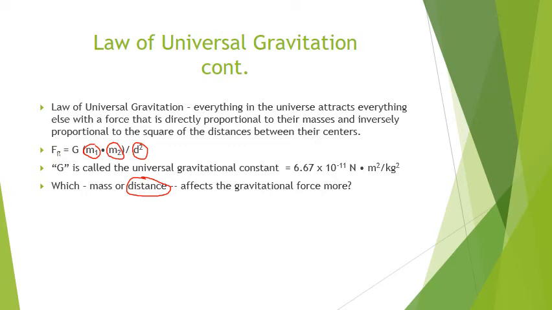So if you have two objects that are experiencing a certain force between them, and you make them farther apart from each other, the force is going to decrease. When you bring them close together, the force is going to increase. Now notice with the mass values, if either of the masses go up, the force is going to go up. But certainly distance is the bigger player because the distance factor gets squared.